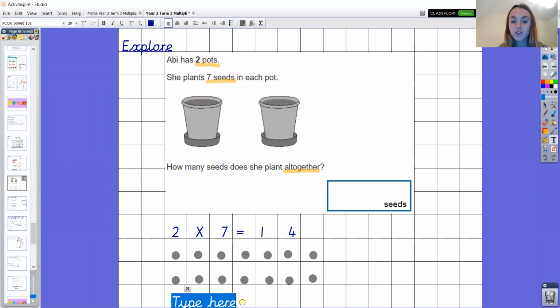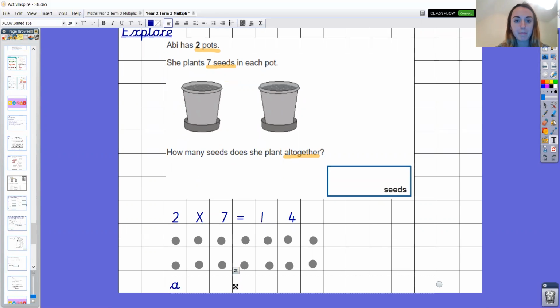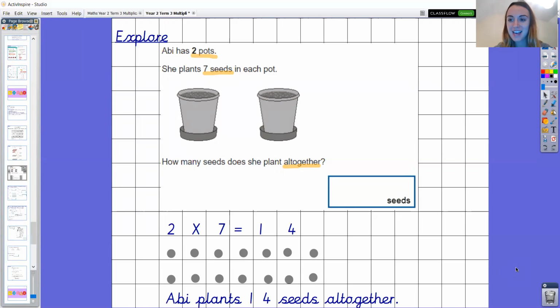Well done. So I'm going to type it and then afterwards we're going to say it together. So Abby plants 14 seeds altogether. Okay, so please can you repeat it and say it with me? Abby plants 14 seeds altogether.